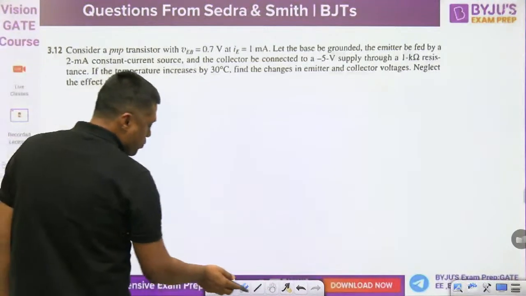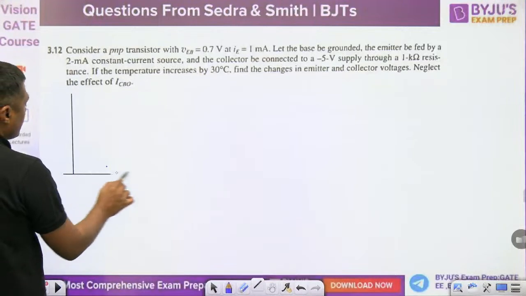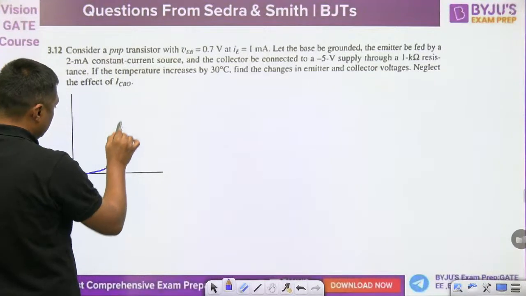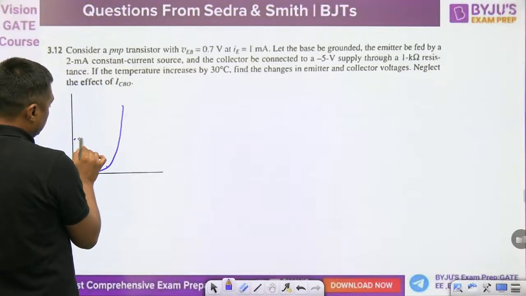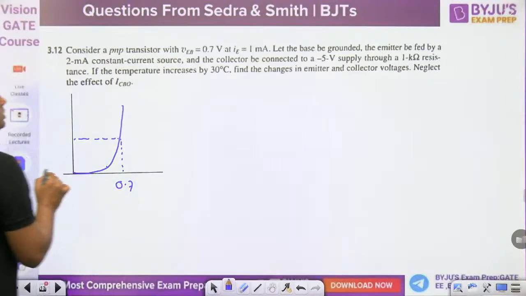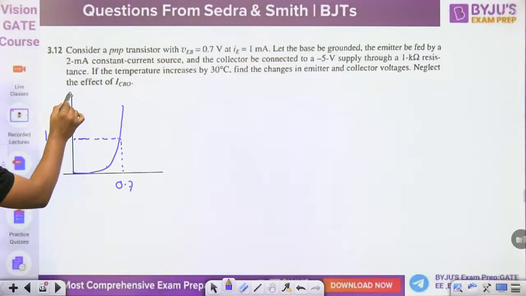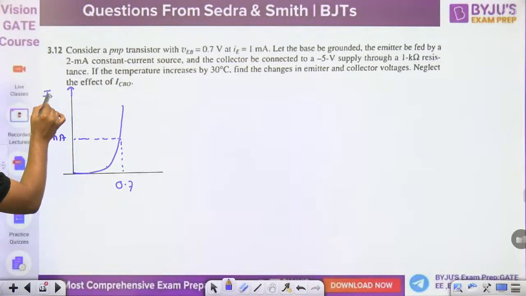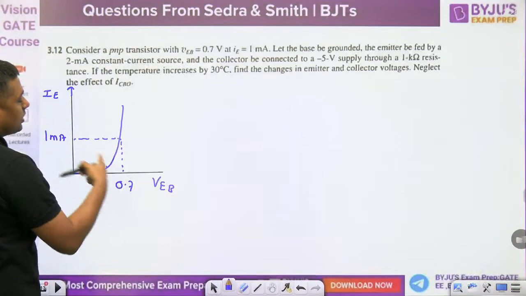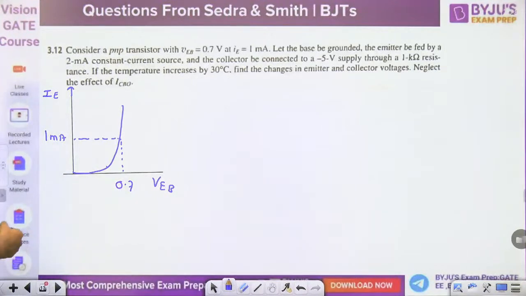Simply, that characteristic is given. 0.7 when I is what? 1 milliampere. Because it is a PNP, it is talking about the input characteristics of the PNP transistor. I is 1 milliampere when VEB is 0.7 volt.